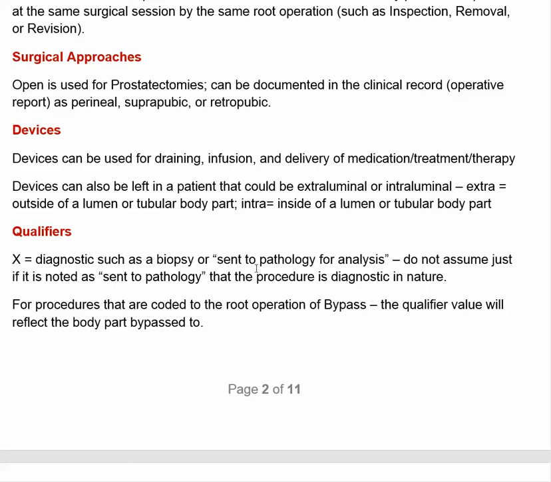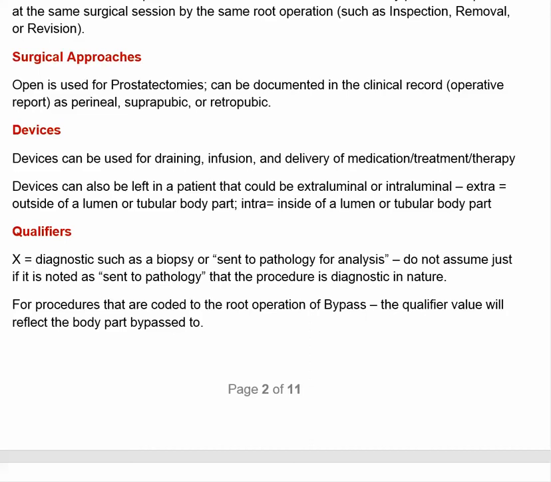That doesn't mean that's the only way it could be documented, but a physician has to be taking this specimen from the body, sending it to pathology, one component of that, but the second component has to be there for us to code it with an X qualifier, and that component is that the intention of sending it to pathology is that a physician is looking for a diagnosis.